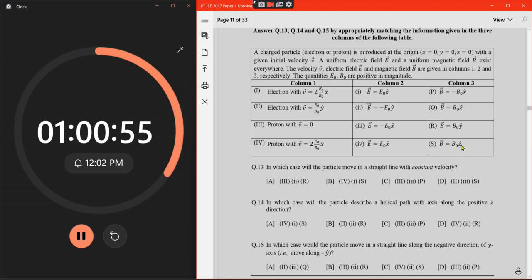Wait, messed up somewhere. Oh, okay, it's 3 3 P. Wait, no, that's already done. Second 3 S. I mean, that's the only remaining one. Unless E vector itself becomes 0, because if this has to happen then E vector must be 0, but that's not happening anywhere. Okay, so this with 3 here, that just doesn't make any sense.